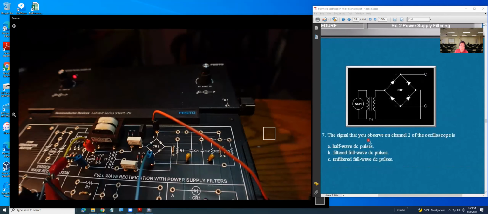The signal that you observe on channel 2 of the scope is a half wave DC, filtered full wave, or unfiltered full wave. Which one?